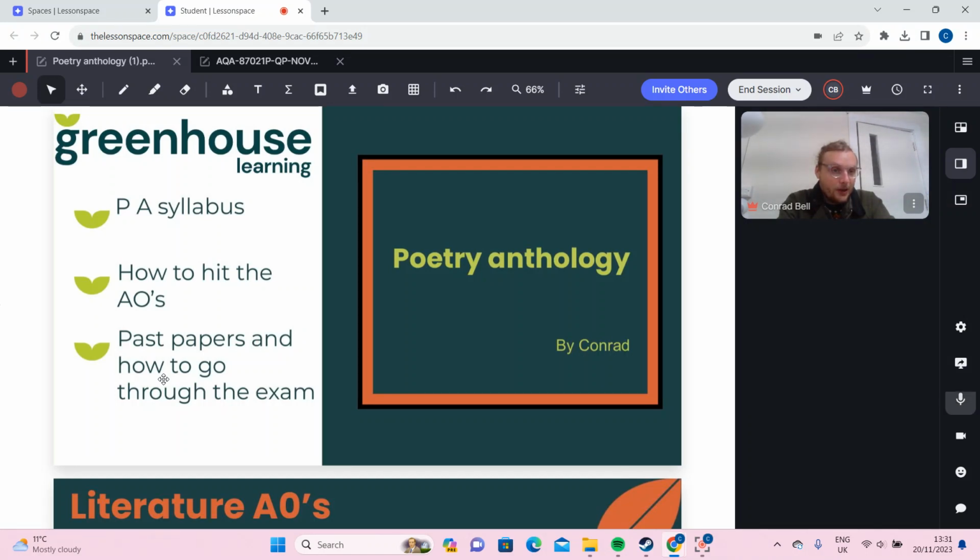Maybe you can help them with the context in which the poems were written, but I would say do not just go through the poems with them. Do not learn all the poems with them. If they are in GCSE English classes, they will do that in class and they can do that for their revision. Your job as a tutor would be to focus on making sure that they have those analysis skills rather than what the poem is about.